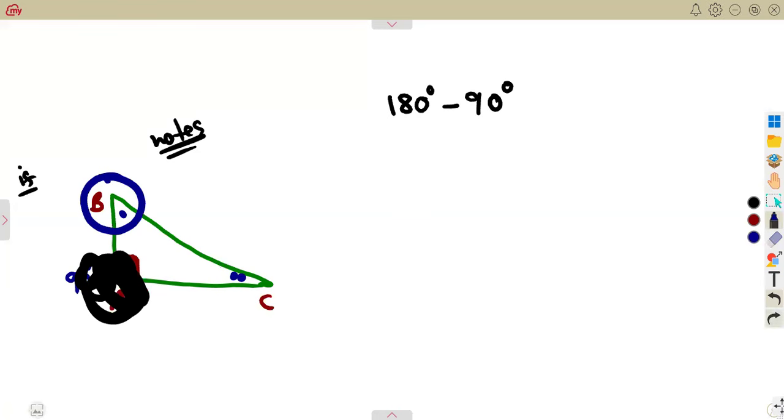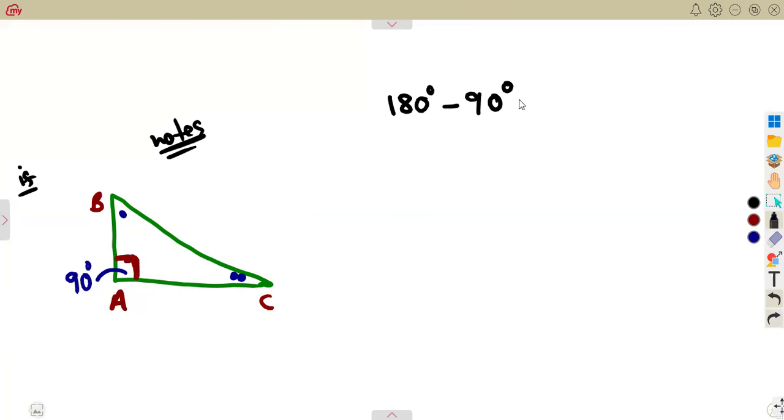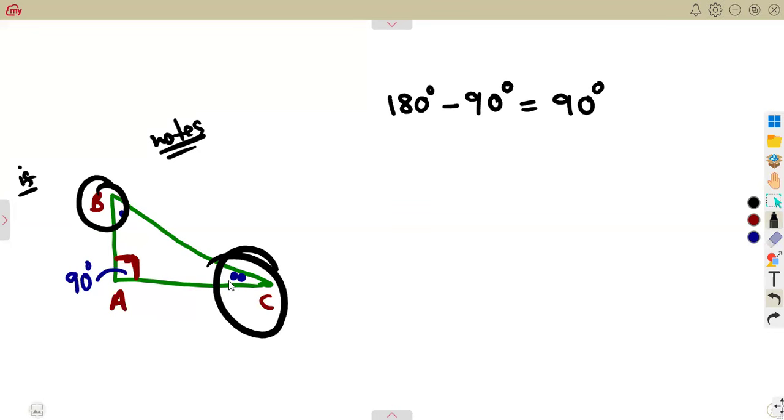So if we subtract here 180 minus 90, whatever we are going to have will be for B and C combined together. This is what I'm trying to say. 180 minus 90 degrees is equal to 90 degrees, which is an important part. So it means angle B and angle C together, combined together, must give us this 90 degrees, which is our remainder.